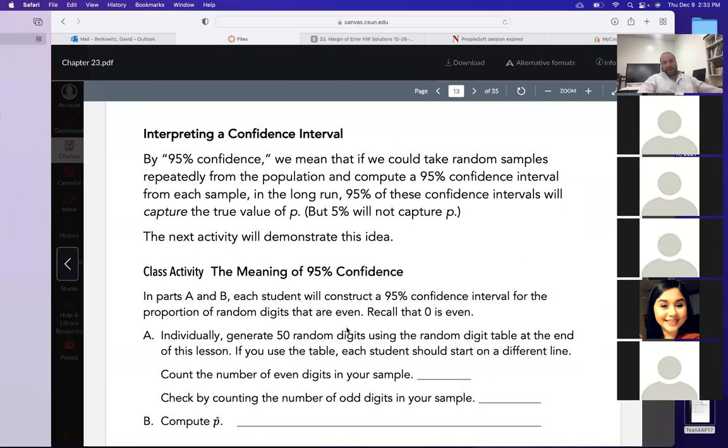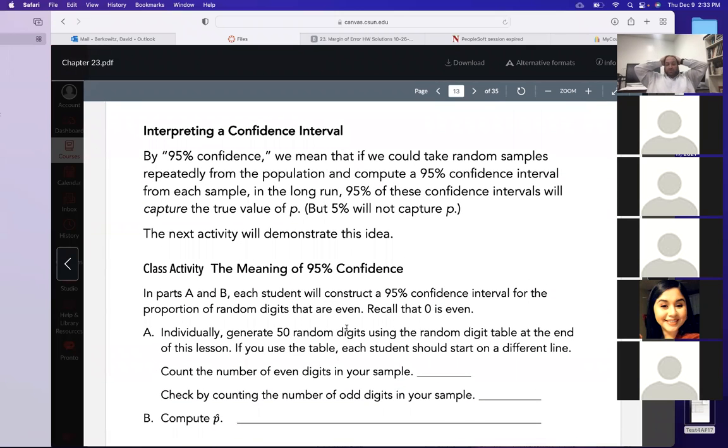And of course, we want to interpret a confidence interval. What's the interpretation? So when we say we are 95% confident that our confidence interval contains the true value, we mean that if we would keep making confidence intervals after confidence intervals after confidence intervals all the same size, 95% of our confidence intervals will contain that value.